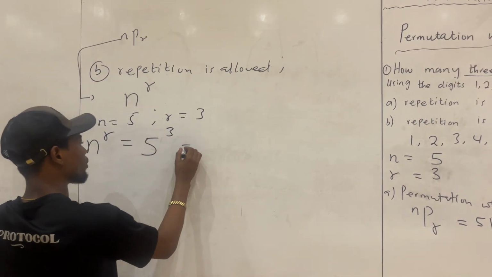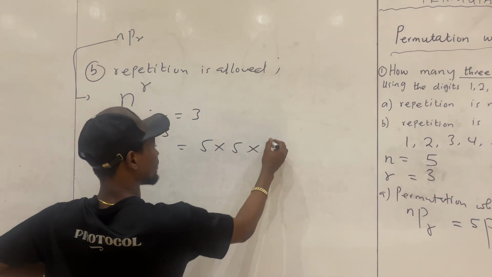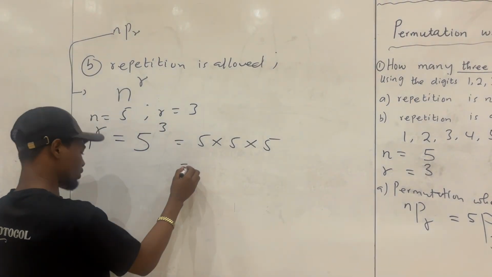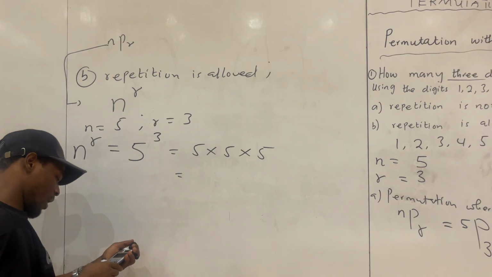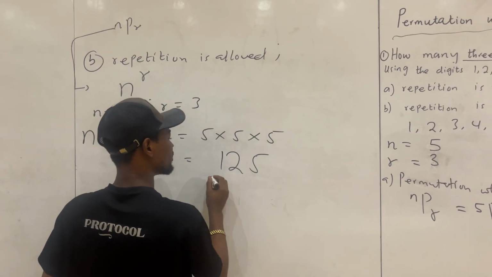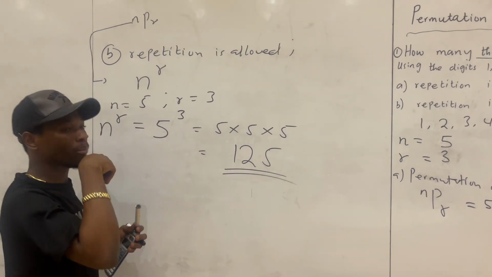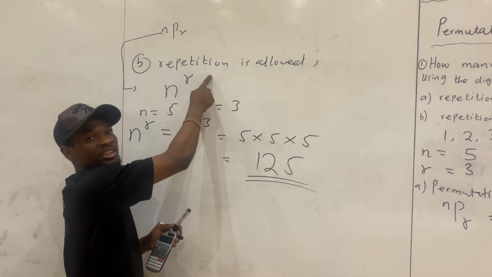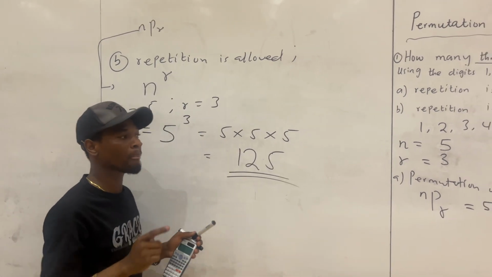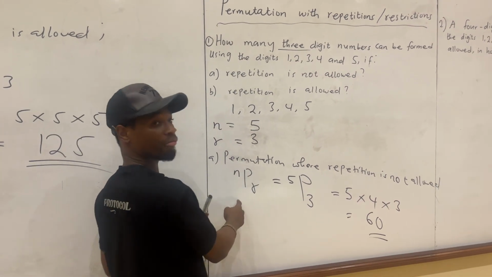So therefore, we have 5 times 5, then times 5. So we have 5 to the power 3, which is equal to 125. So viewers, that's the difference between permutation with repetition, which goes by this formula, and permutation without repetition, which goes with this formula.